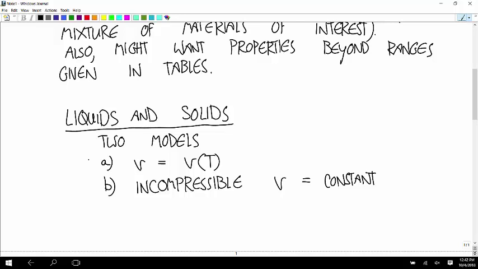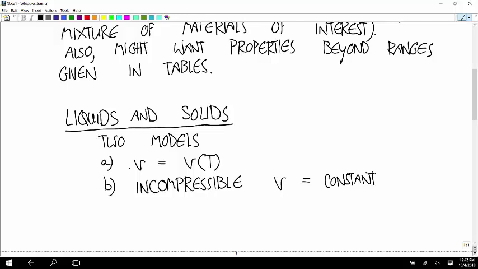If that relationship sounds familiar to you, then what you're doing there is assuming that density is constant. And since density and specific volume are just reciprocals of each other, that means that you're assuming that the specific volume is constant. Okay. But as the temperature changes, specific volume changes too.